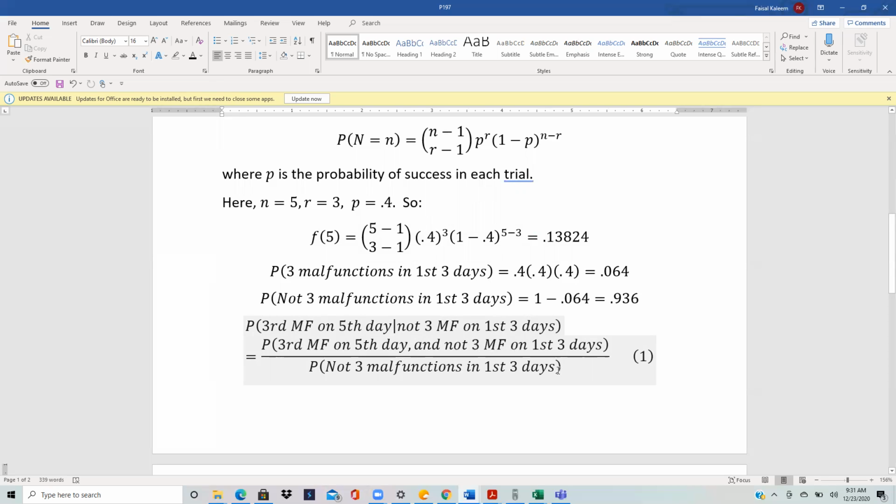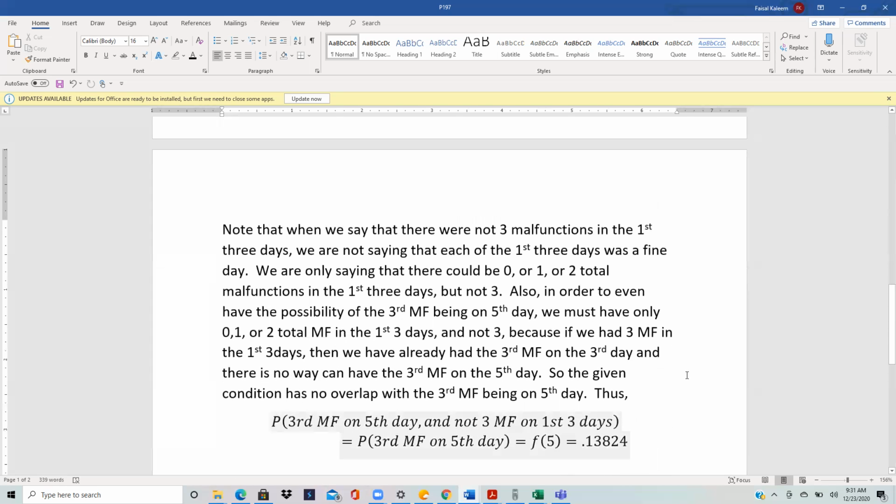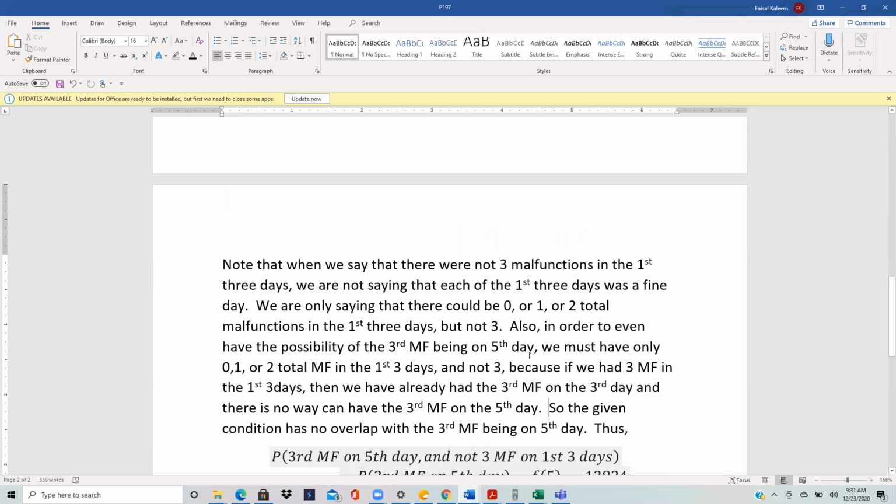And if you think about it, it has to be like this, because either we will have 0 or 1 or 2 or 3 malfunctions in the first 3 days. We are given that there are only 0, 1, or 2.